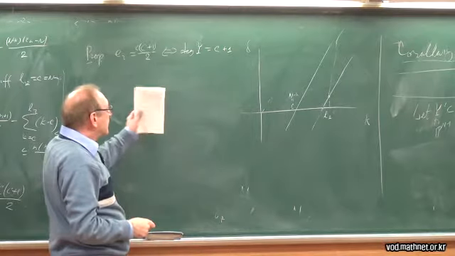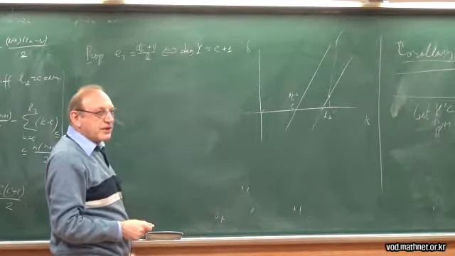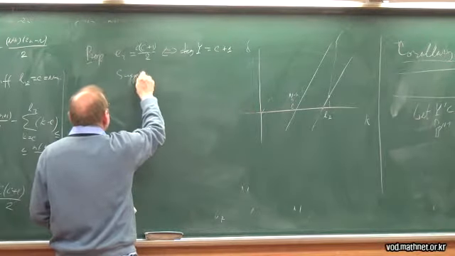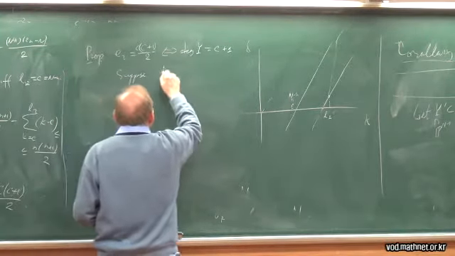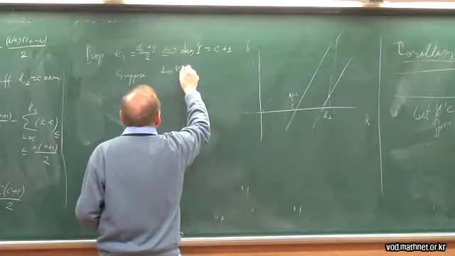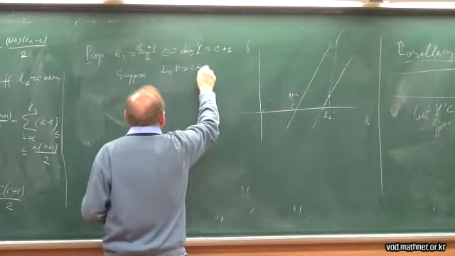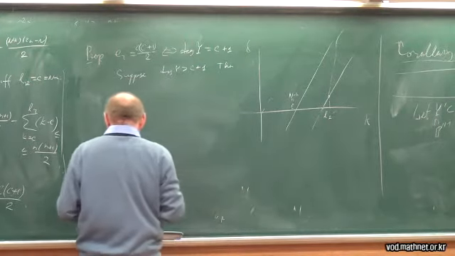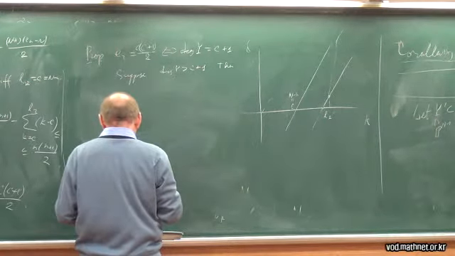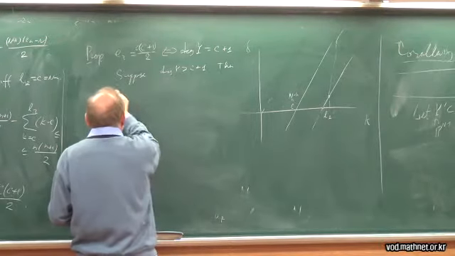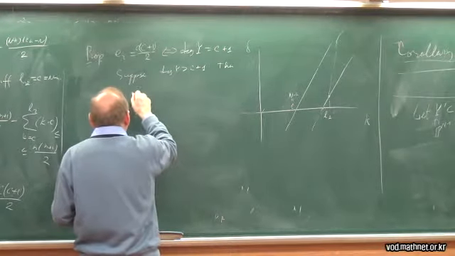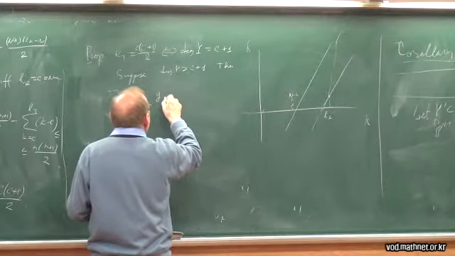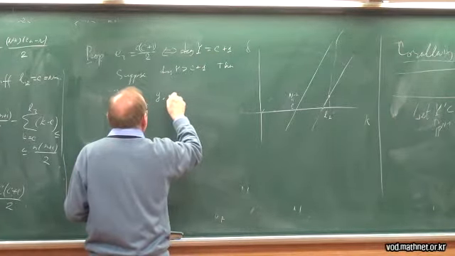Suppose that the degree of y is larger. Then there exist finitely many points y0, y1, ..., y c plus 1.